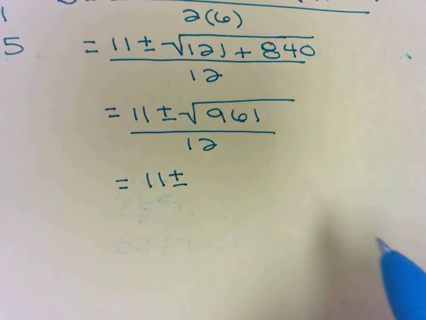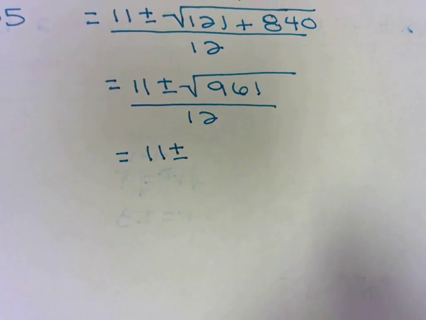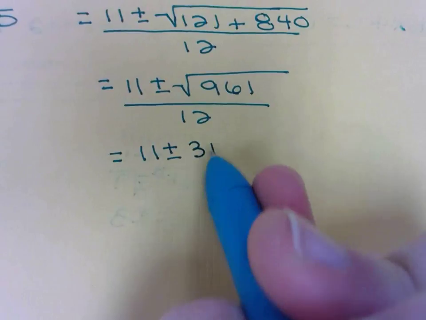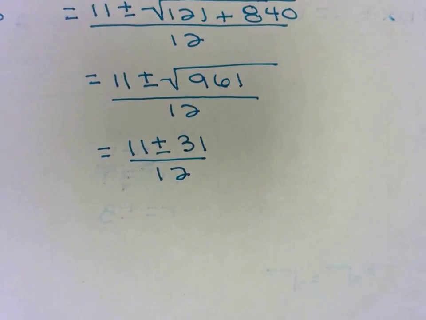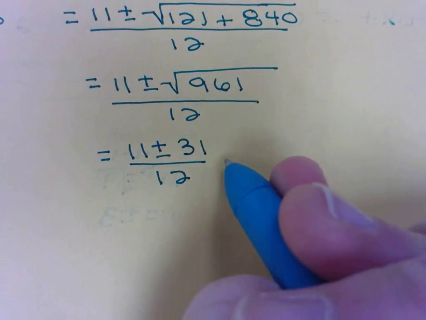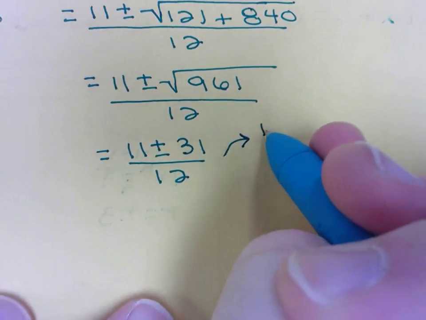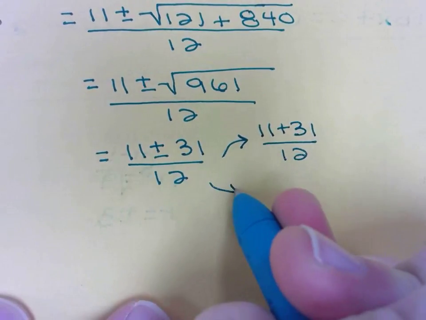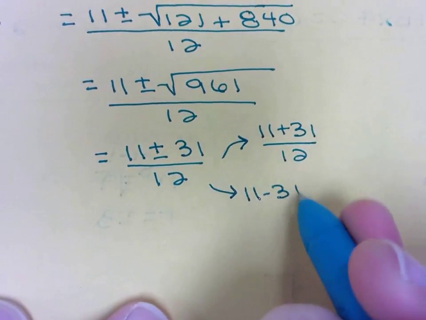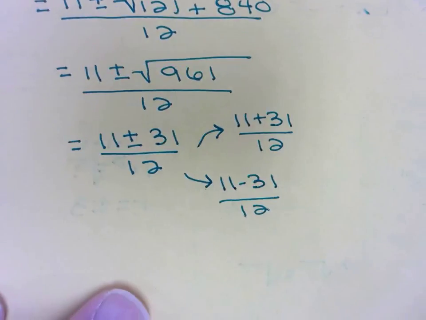Yeah, take the square root of 961 if you're not sure and see if it's a perfect square. So that is a perfect square, so it becomes just 31. So the square root of 961 is 31. That worked out kind of nice for you guys. When you plug it in, 11 plus 31, all divided by 12, and 11 minus 31, all divided by 12.